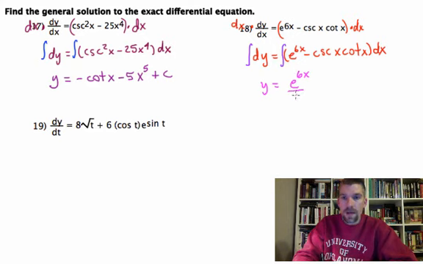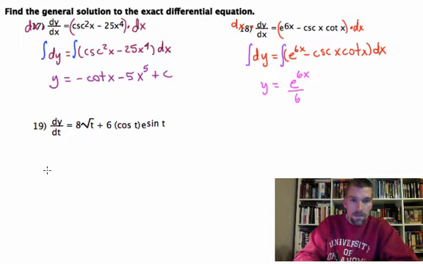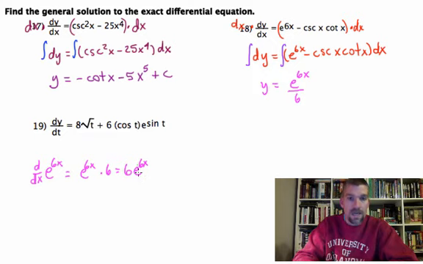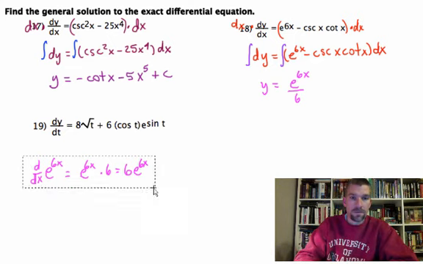I'm just going to divide by 6. And if you have a hard time with that, just run over someplace and go, okay, if I've got e to the 6x and I take the derivative of that, what's that going to be? Well, it's going to be e to the 6x times 6. So I don't need a 6 in front of my e to the 6x. I need a 1. So in order to get 1, I've got to divide by the 6. So that's where that guy comes from.